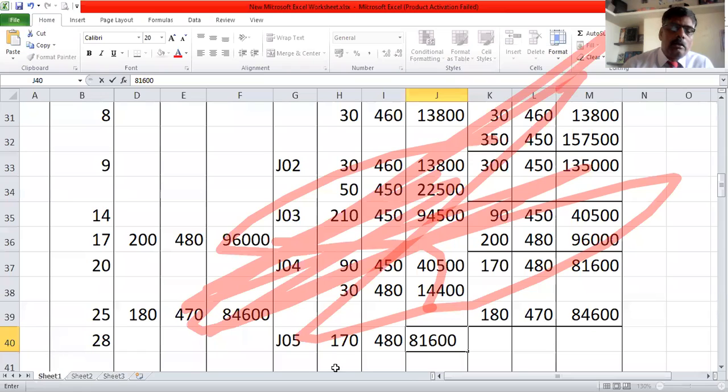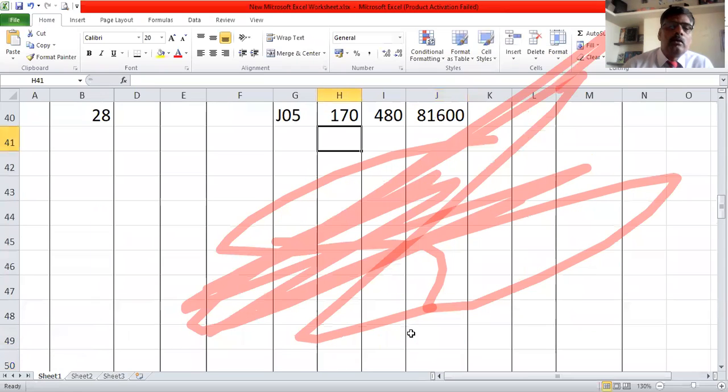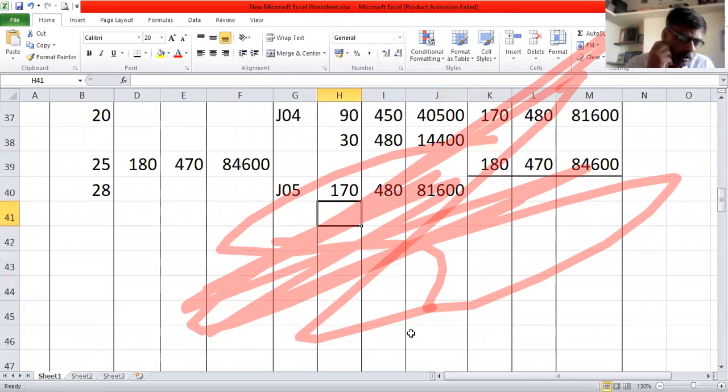And remaining quantity required, total required 280, 170 issued. Again, you take 110 from the second lot. 470 into 110.